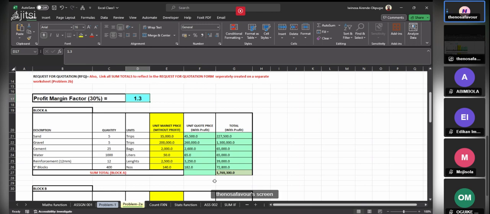Then total means you bought one of this item at 1 naira, so if you're buying 5 items, it will be 5 times that 1 naira. That's how you get the total.